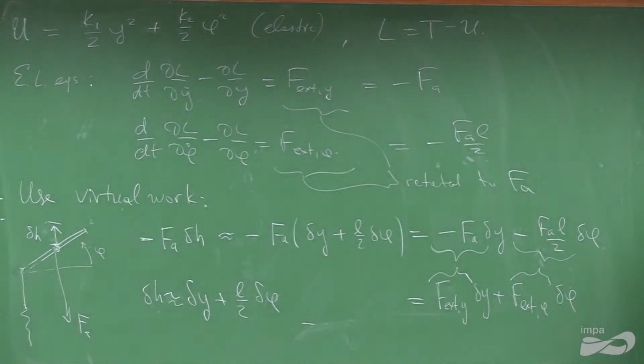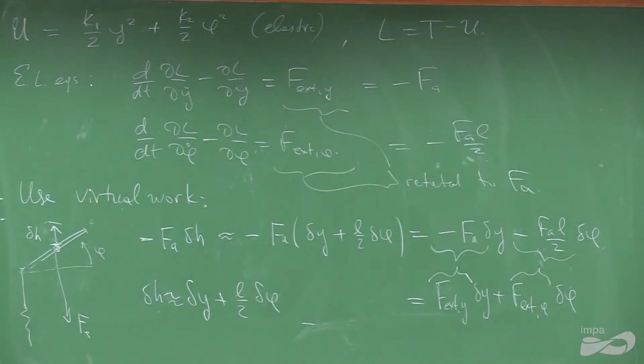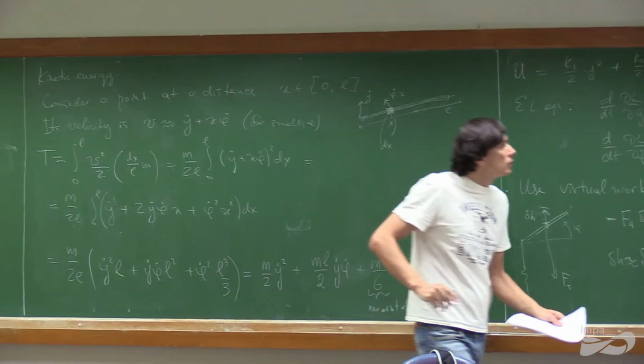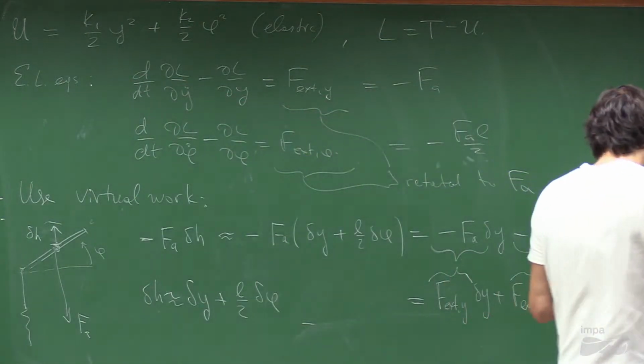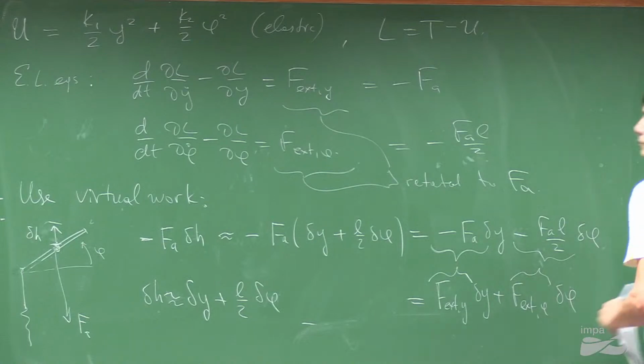So what you get is, and then the derivative with respect to time, so there will be two terms coming from here. So you just check that the first equation will have the form m y double dot plus m L over 2 phi double dot.